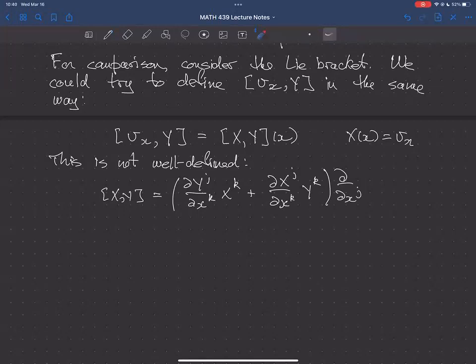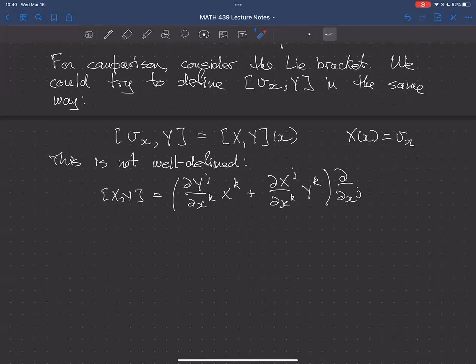Okay, and it's that term that gets you, right? So if you were to specify two vector fields x that satisfy this condition, it's entirely possible, in fact quite likely, that their first derivatives at x will not be the same. Just because they satisfy this condition at x does not mean that their derivatives at x will be the same.